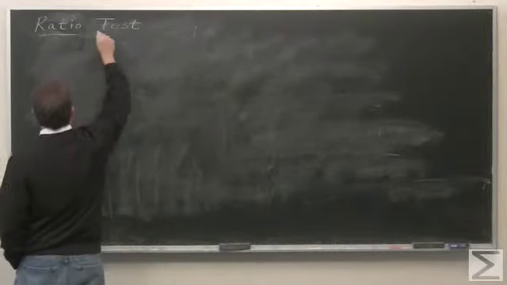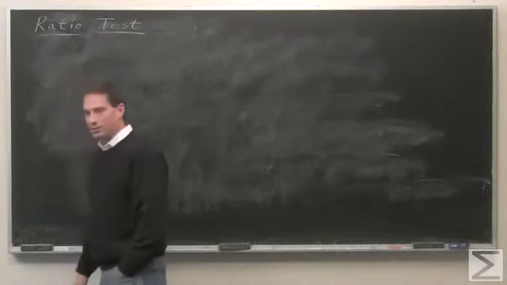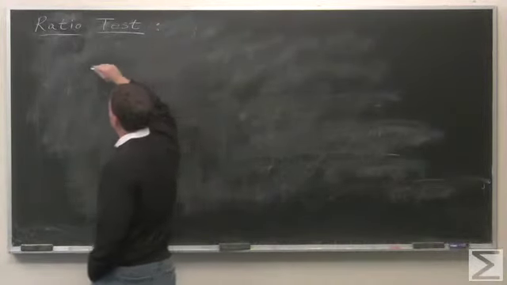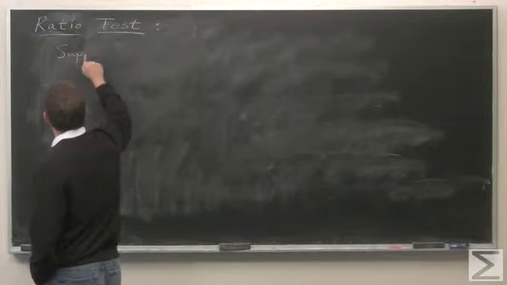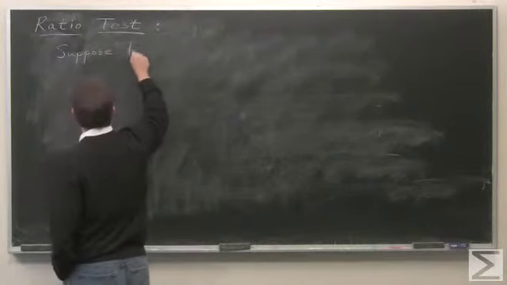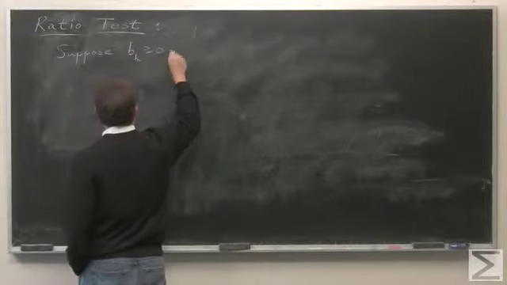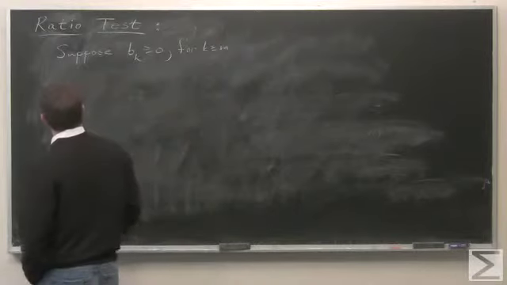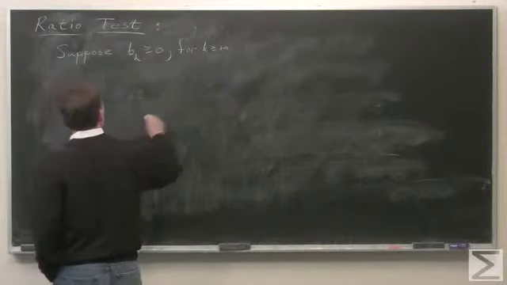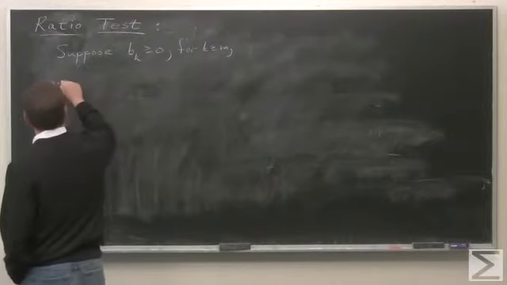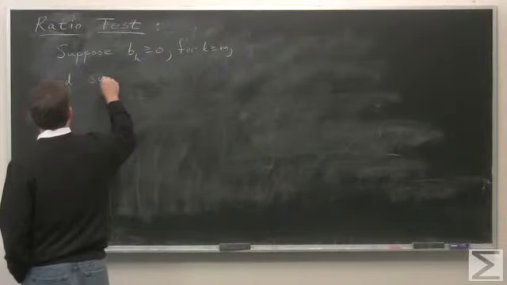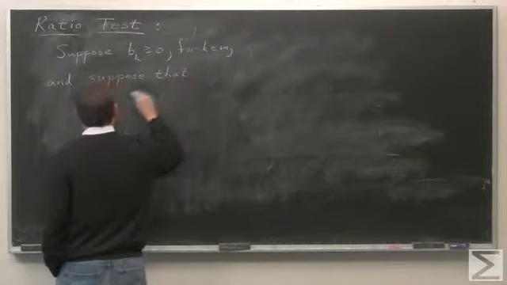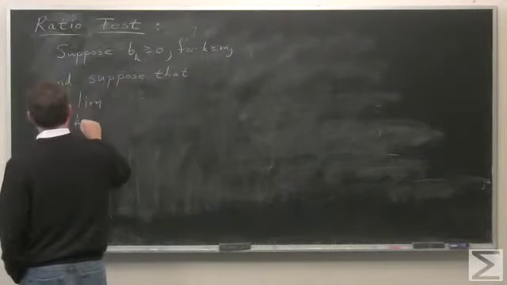Let me state the ratio test, and then I'll change it. I'll erase some parts of it. So once again, suppose you've got a non-negative series. Suppose bk is greater than or equal to 0 for k greater than or equal to m, and suppose that the limit as k approaches infinity.